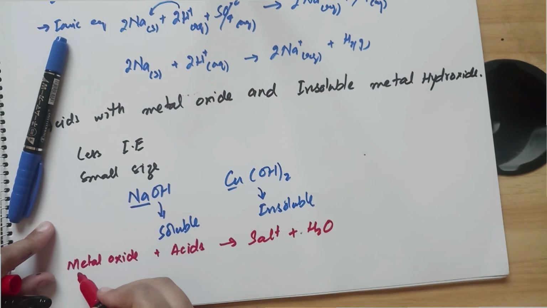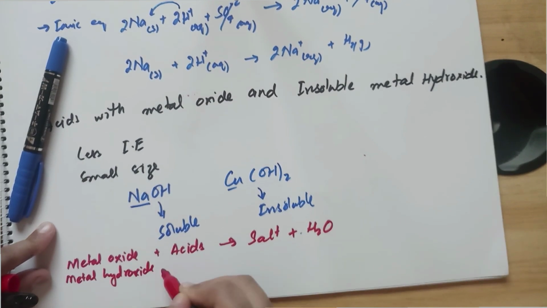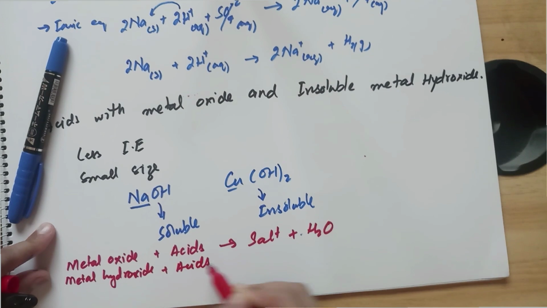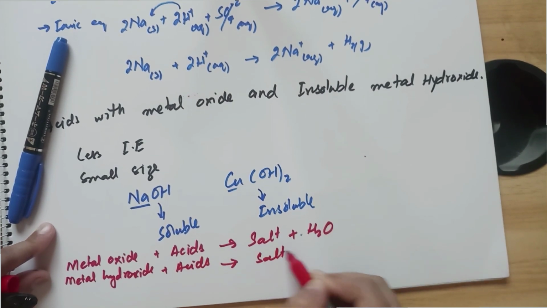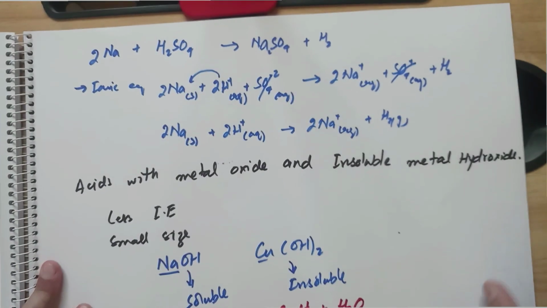Is it clear? Similarly, the metal hydroxide when it reacts with an acid forms again salt and water. So we will take examples to understand this reaction.